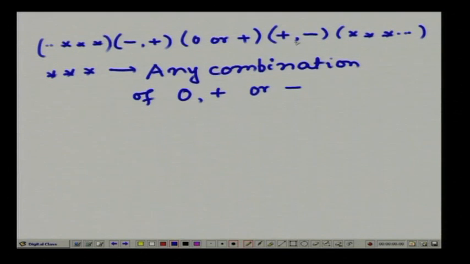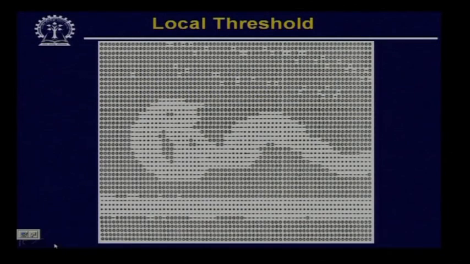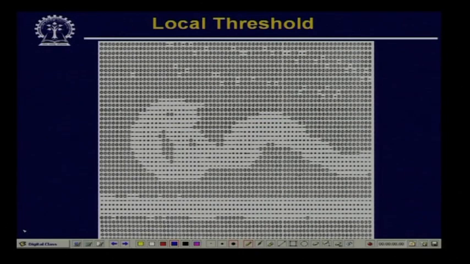Then when I am moving from the object region to the background region, I can have a transition from positive to negative, and then on the rest of this scan line I can have any combination of 0, positive or negative. This is what is actually represented in this particular image when I move along any scan line, say for example this particular scan line.